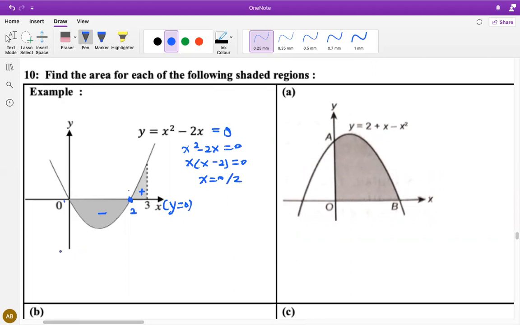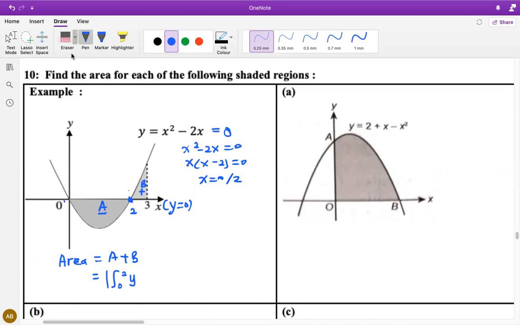Okay, now we can find the area of the shaded region. The area is separated into 2 parts, so A and B, right? Okay, so the area is A plus B. So you have the modulus, remember, 0 to 2, and then y dx, right?